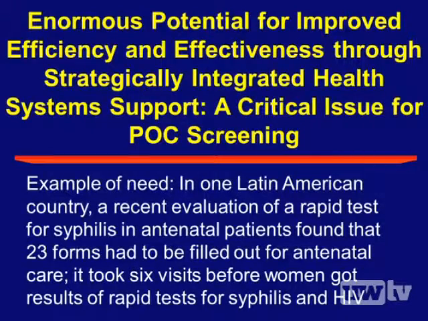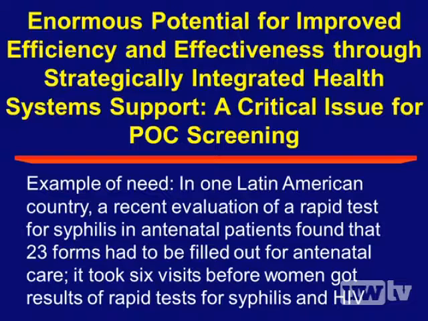And what she's found out is that in antenatal patients, there were 23 forms that had to be filled out from various funding agencies, from the local government, from the regional government, from the hospital. Some of these were forms designed 20 years ago and no longer in use. Some had to do with how the patient was going to get their care paid for.